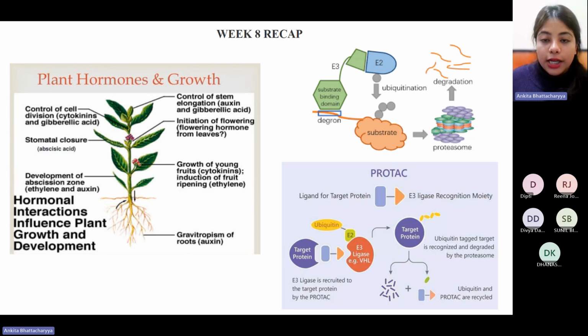When this degron, as the name indicates, is a degradation machinery, and is tagged with some sort of an inducible promoter, then that helps us to control when exactly this degron would be operational, and therefore it will not be a permanently deleted protein or permanently degraded protein, but will be a context dependent situation.